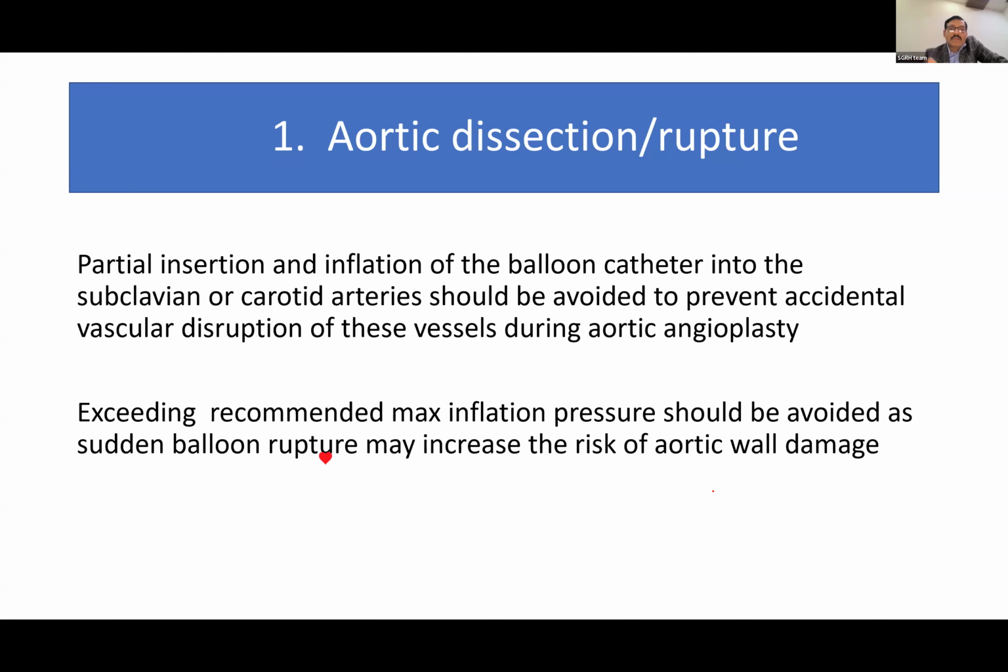And avoid exceeding the recommended pressures, because once the balloon ruptures, it can increase the risk of aortic valve damage. In newborns, it's very much possible. So try not to rupture the balloon. Don't go above the maximum inflation pressures. In newborns, try to avoid reuse of balloons. Don't reuse the balloons in coarctation in newborns.